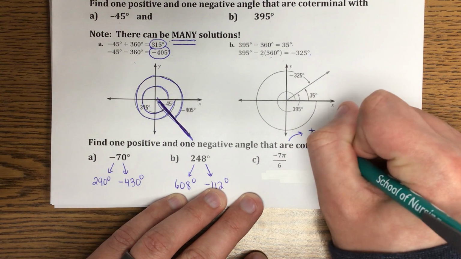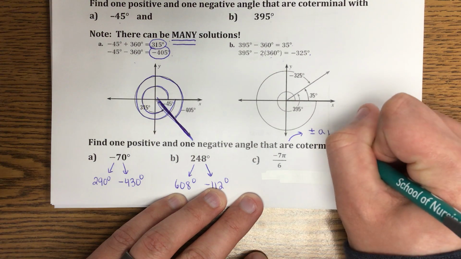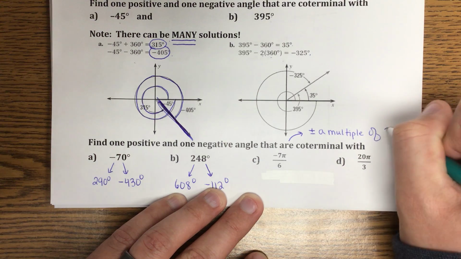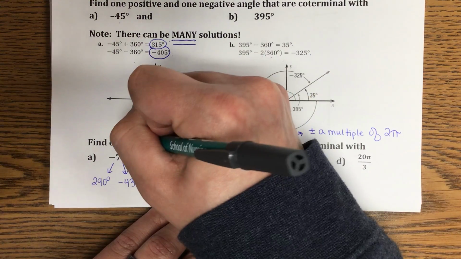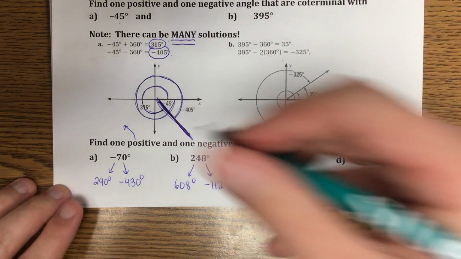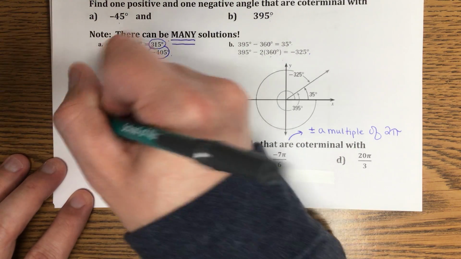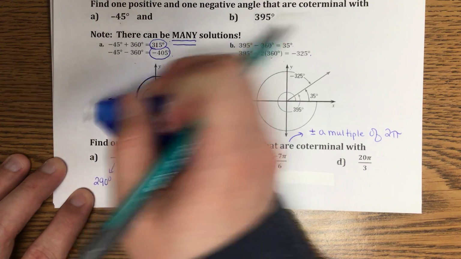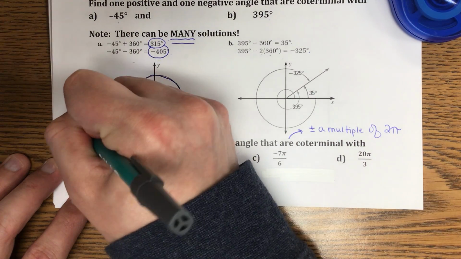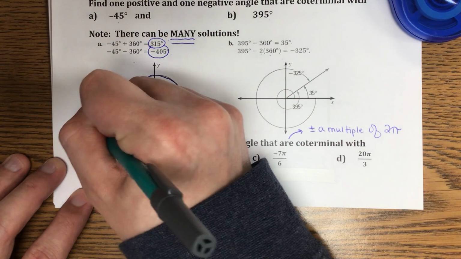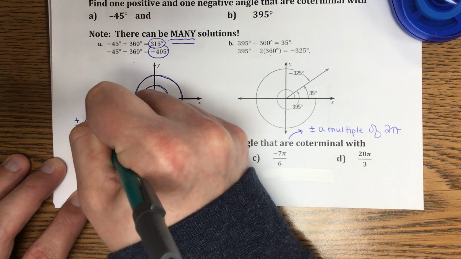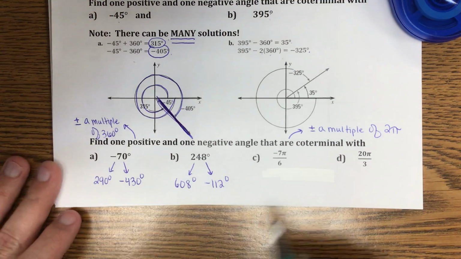So you can add or subtract a multiple of 2 pi, whereas over here, if I'm talking about degrees, you could add or subtract a multiple of 360 degrees.